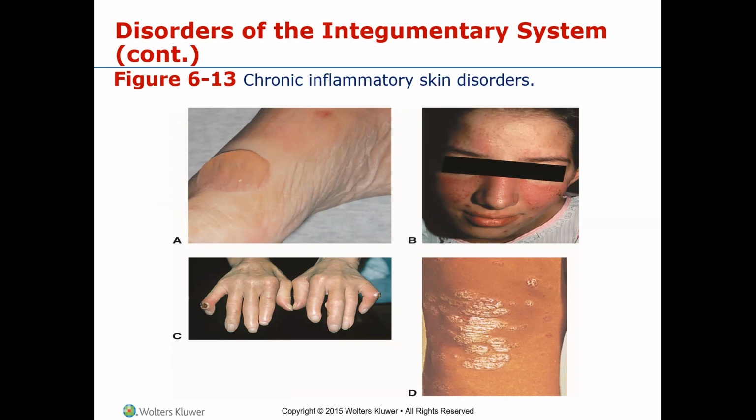So the D is psoriasis. This is the lupus with that butterfly rash. It often occurs in women. Here you have some of that deformity, which is a skin disorder that can be related to the herpes here.